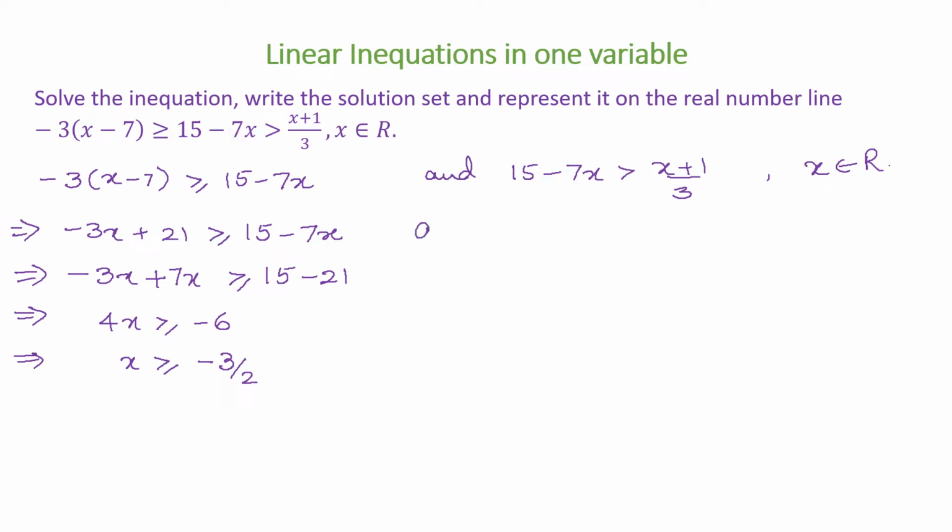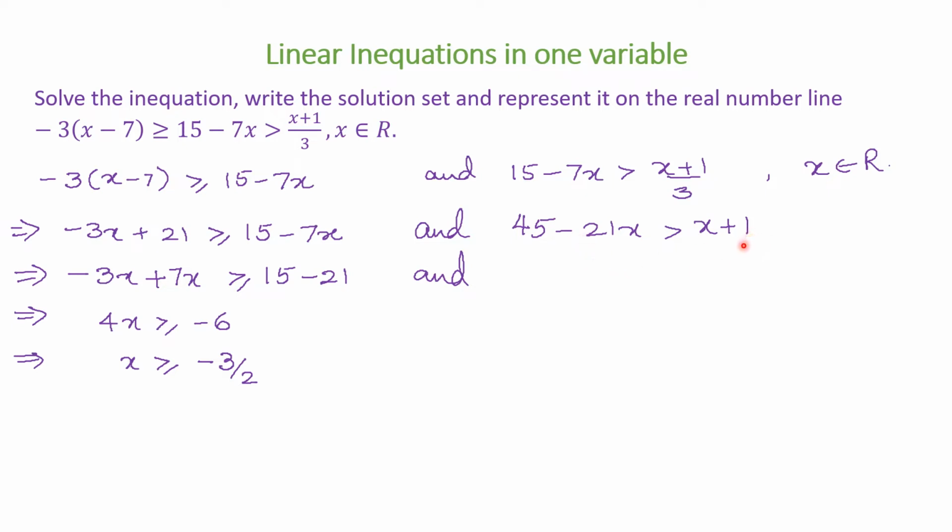In this, I am first taking the denominator 3 and multiplying it with the other side. So I will get 15 into 3, that is 45, minus 21x is greater than x plus 1. Now I will take 21x to the other side because negative will become positive when I take it that side.